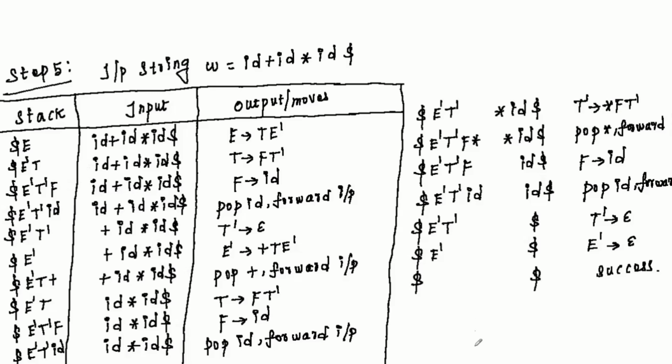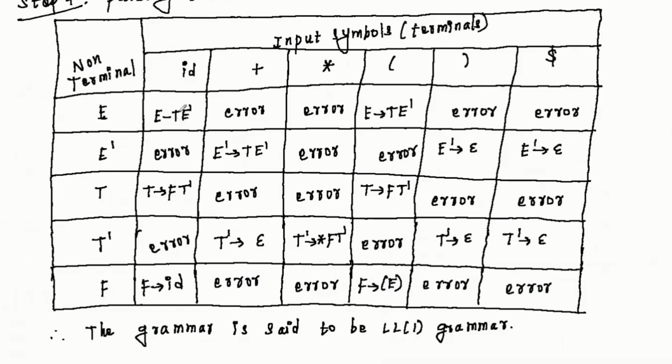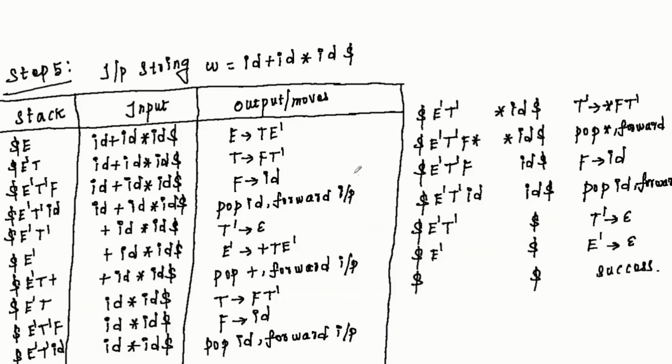F ID. Look at the parsing table: F ID, F tends to ID. Here you write F tends to ID. By replacing capital F, substitute ID. Then stack symbols dollar E dash T dash ID, input symbol ID plus ID star ID dollar. ID, pop ID, forward input.